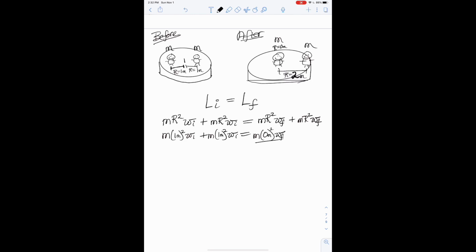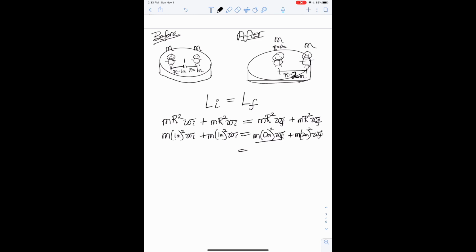And you can see that that whole term is going to equal 0 plus m times 2 meters squared times omega f. And so we're going to end up getting, and this is where the meters start to look a little bit like the m values, right? So I'm going to rewrite this. I have 1 meter squared m omega i plus 1 meter squared m omega i.